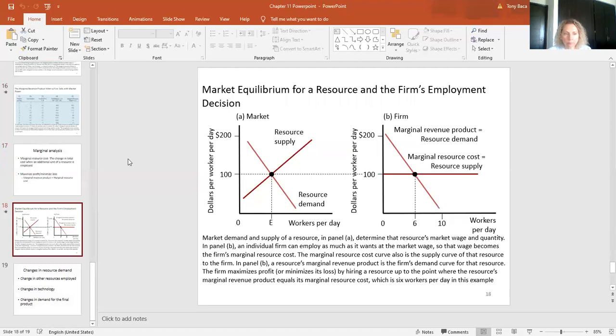So if you look at these graphs right here, this first graph is for the market. You can see it says market. Here we're talking about the market for a certain type of labor. So, I mean, in this case, we end up with an equilibrium in this market of $100 per day.